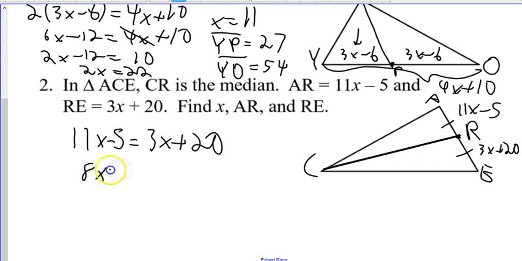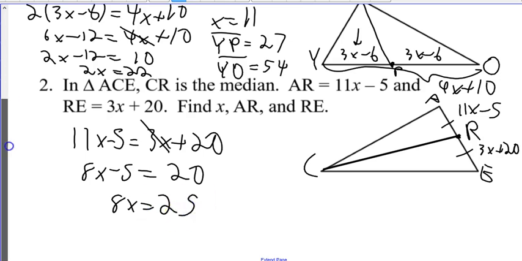Now I have 8x minus 5 equals 20. I'm going to add 5 and get 8x equals 25. So if I divide by 8, I get x equals 25 over 8.